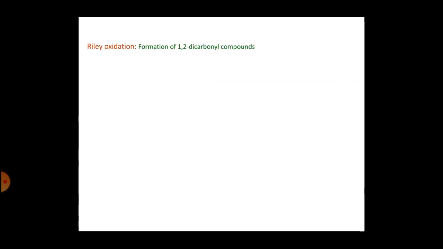Now come and try to understand another type of oxidation mechanism, where selenium dioxide will oxidize the alpha methylene group of the carbonyl compound. This type of oxidation is widely known as Riley oxidation. In this oxidation, a 1,2 carbonyl compound will form.